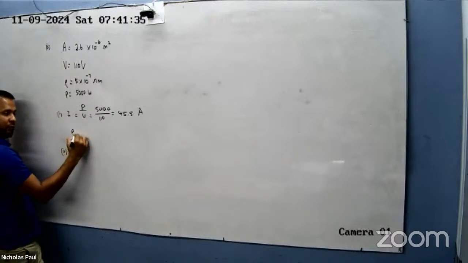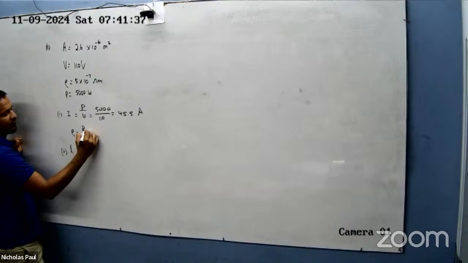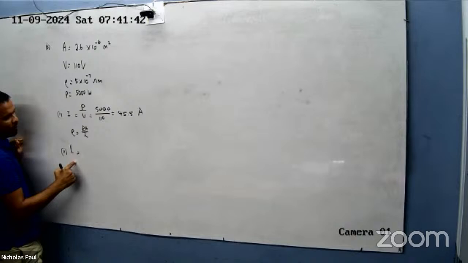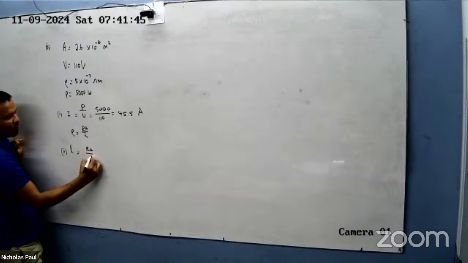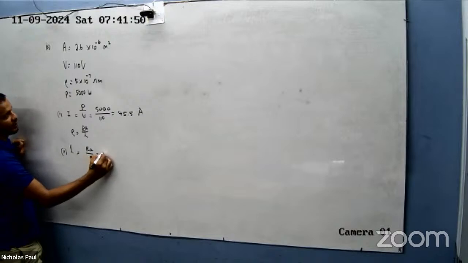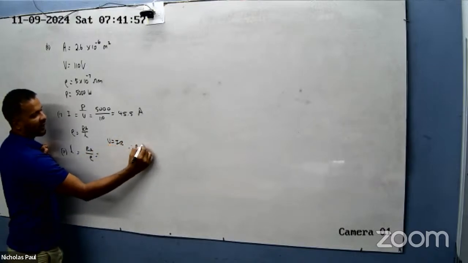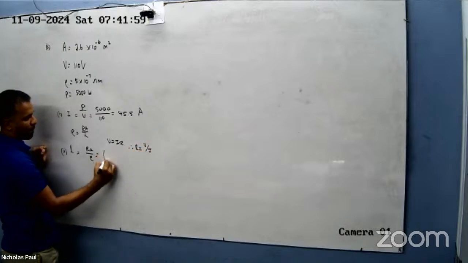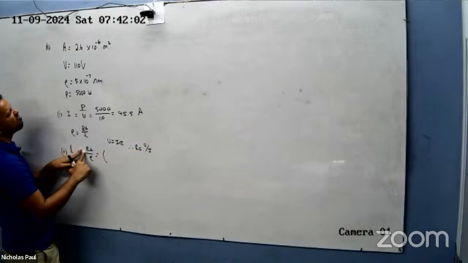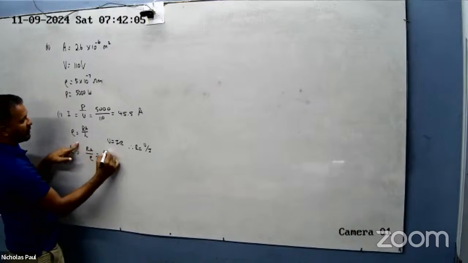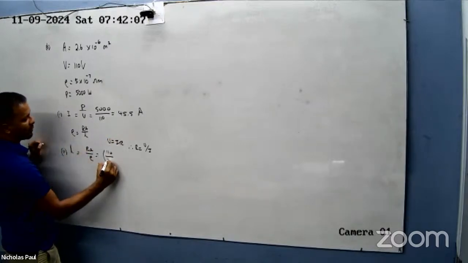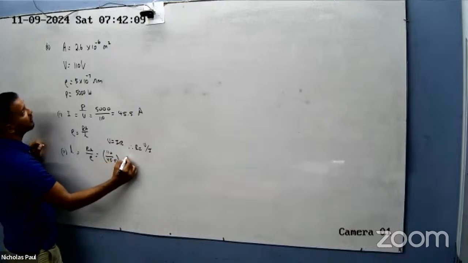Then we have resistivity, we have area. So we could use resistivity as R, A, and L. So length will be R, A all over resistivity. R is how much? We use V equals IR to get R, which is V on I. So R is 110 over 45.5.